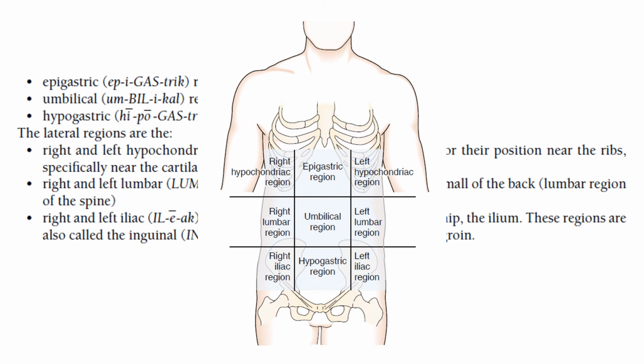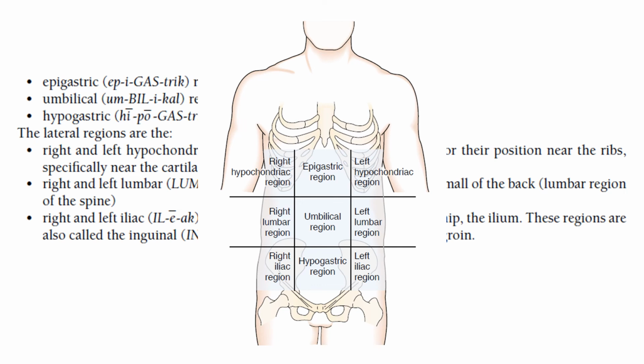Hypo means below, and chondriac means cartilage, so basically it is below the rib cartilages. That's why it is called the hypochondriac region. So, left and right hypochondriac regions.